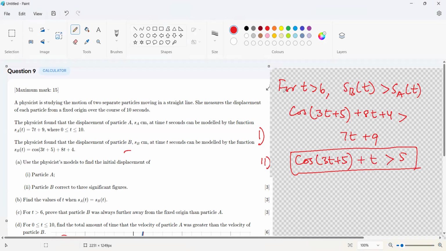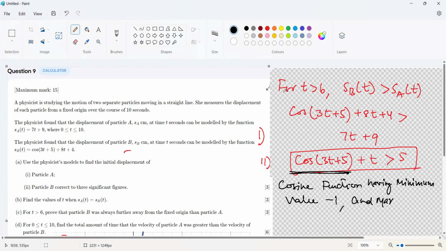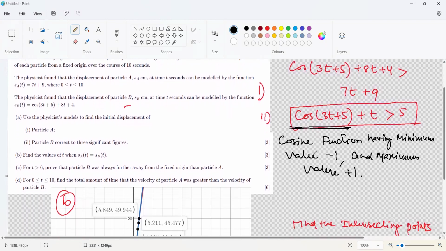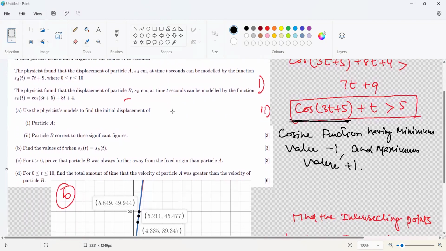So cosine or sine function both have minimum value -1, maximum value +1.